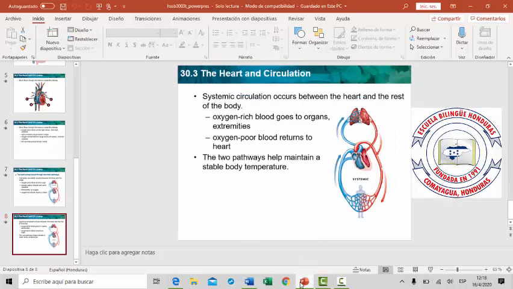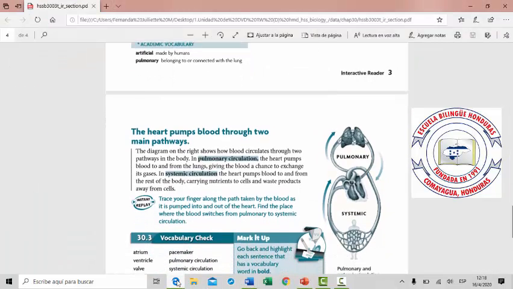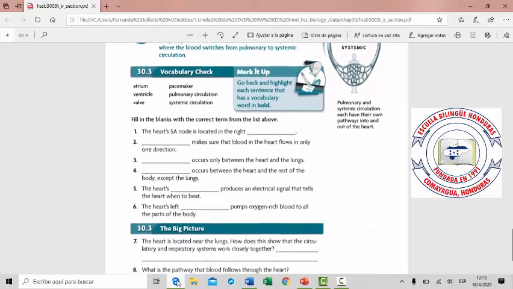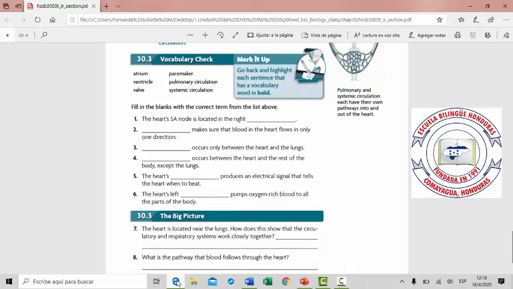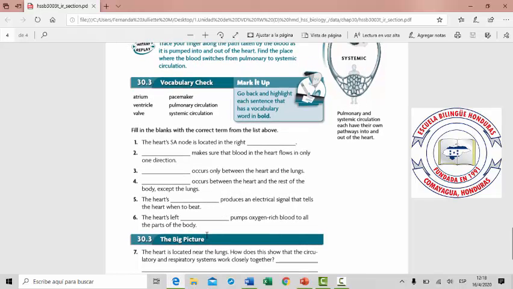And I will show you guys the first activity. You have to do the first 7 questions in the same lesson, 30.3 circulatory and respiratory, about your heart. You have to complete, guys, until number 7. The first 6 are about the big picture.